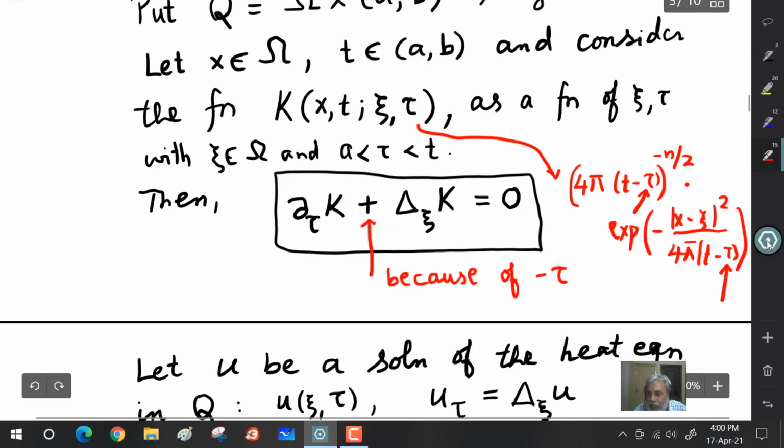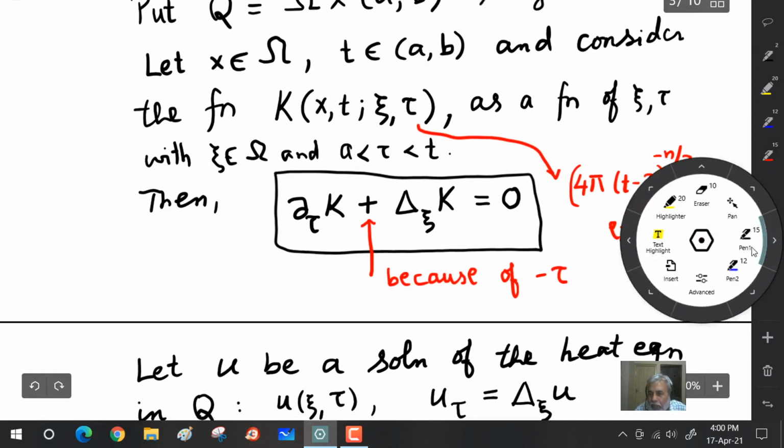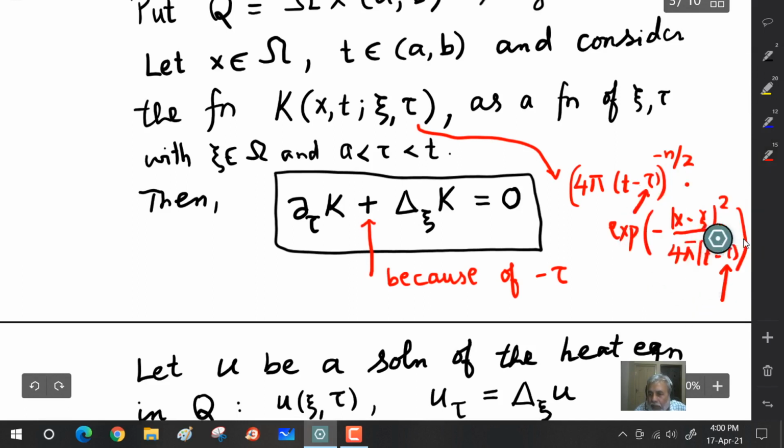Okay, so that's an easy verification, you can do that.